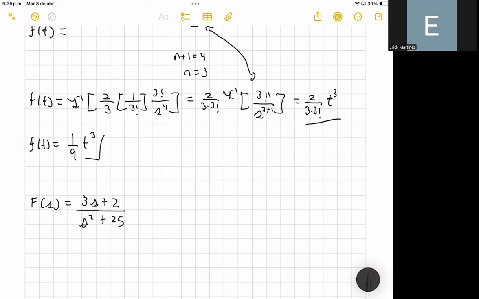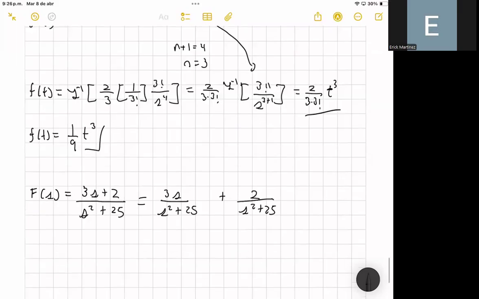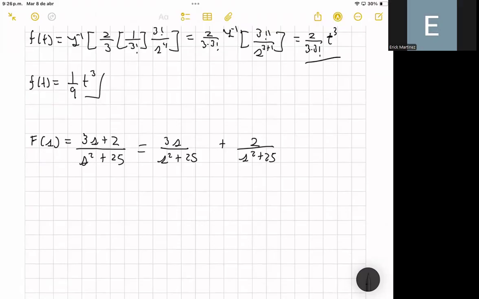And here you can see that we have a more complicated rational function in terms of s. So we can expand this as 3 times s divided by s squared plus 25 plus 2 divided by s squared plus 25. Okay, I am only expanding this expression. Now I can try to compute the inverse Laplace transform as follows.